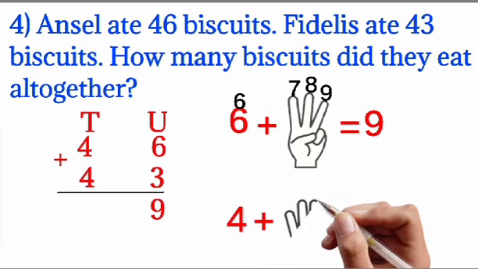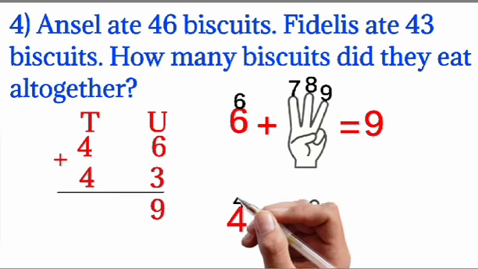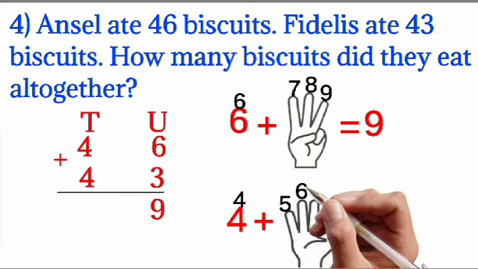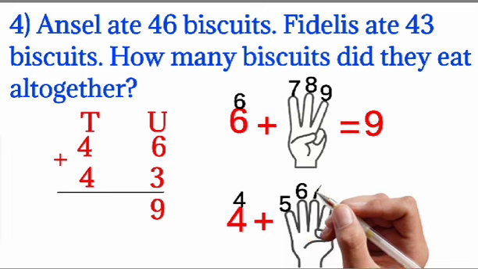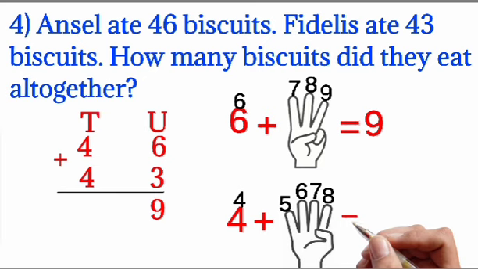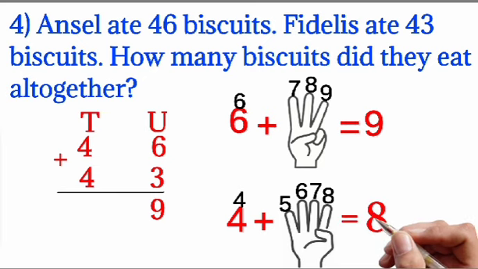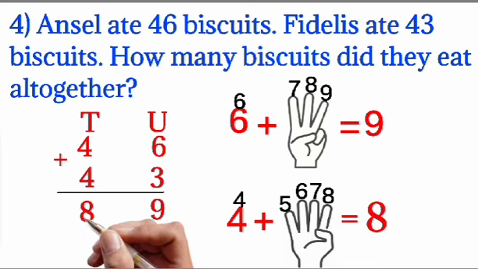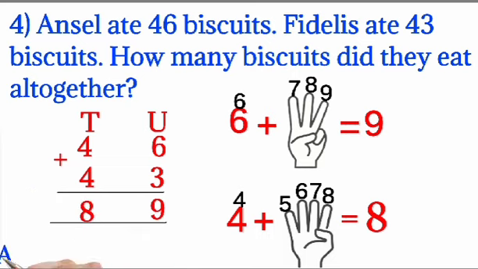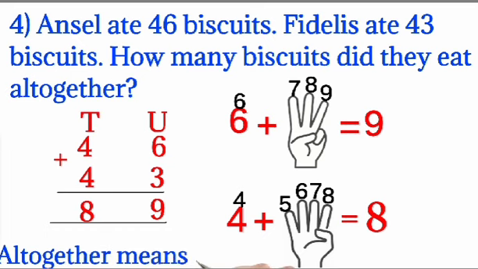Counting forward, we have 4, 5, 6, 7, 8, which means our answer is 8. So I'll write it under my tens. Remember, all together means what? Addition. All together means addition.